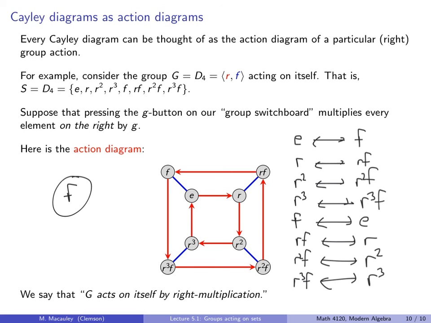For example, a group can act on itself, meaning the set is also the group, by left or right multiplication, or it can act on itself by conjugation. A group can act on its set of subgroups by conjugation. It can act on its set of left or right cosets by left or right multiplication.